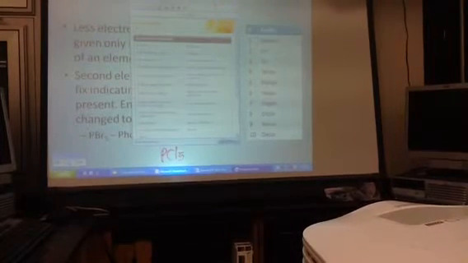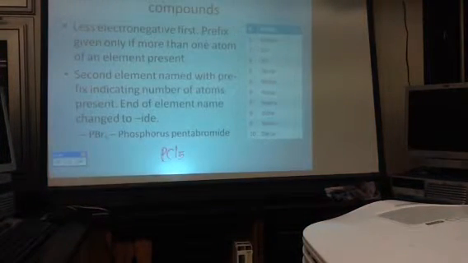Fantastic. So PCl5, what is that? Phosphorus pentachloride. Okay, you also had SF6. Jot that one down. SF6. What would we call that?